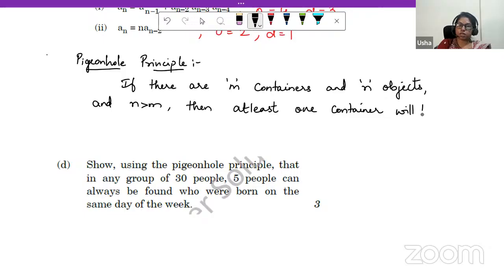This is the pigeonhole principle. How many objects will be there is what we are supposed to find. At least one container will have more than one object.